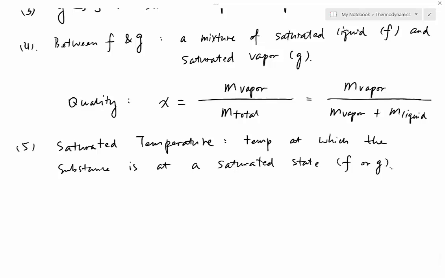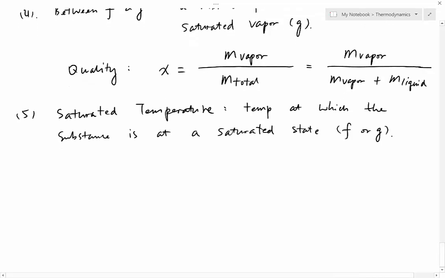So the temperature of the substance at either point F or point G has a name. It's called saturated temperature. Okay, what is saturated pressure? It has the same definition.